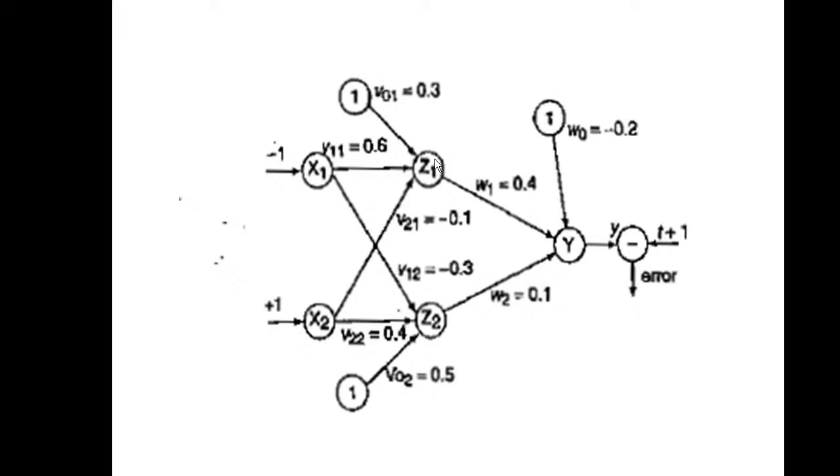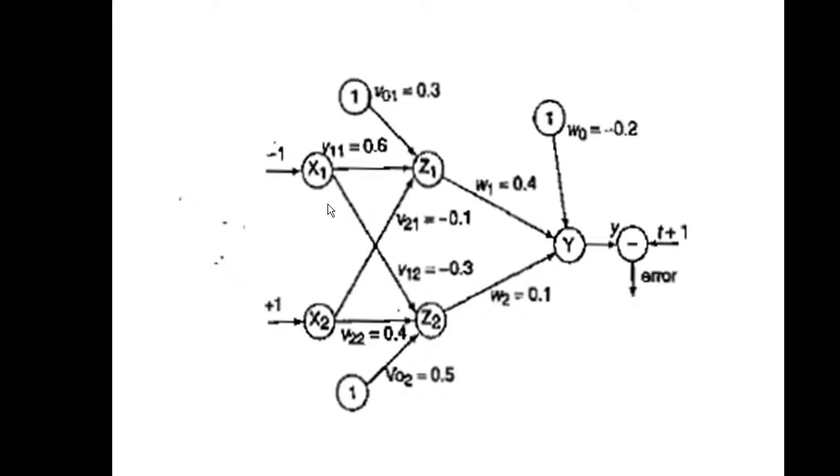From x2 to z1 it is connected via v21, and v21 is -0.1. From x1 to z2 it is connected by v12, that is -0.3, and from x2 to z2 by v22, that is 0.4.